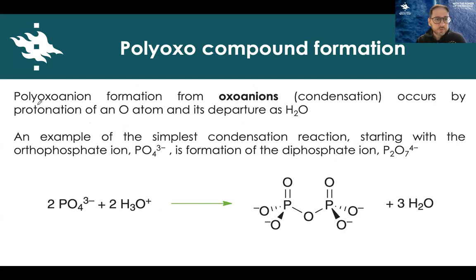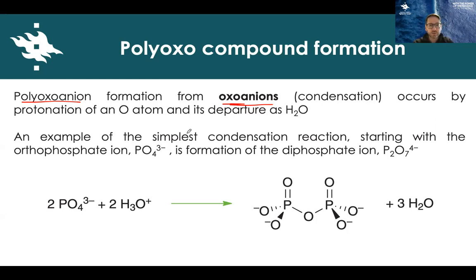So when we are talking about oxo anions, the polyoxo anion formation from oxo anions occurs by the protonation of an oxygen atom and then its departure as water.